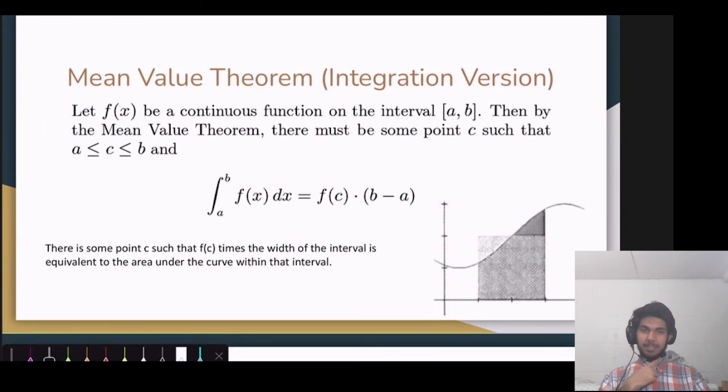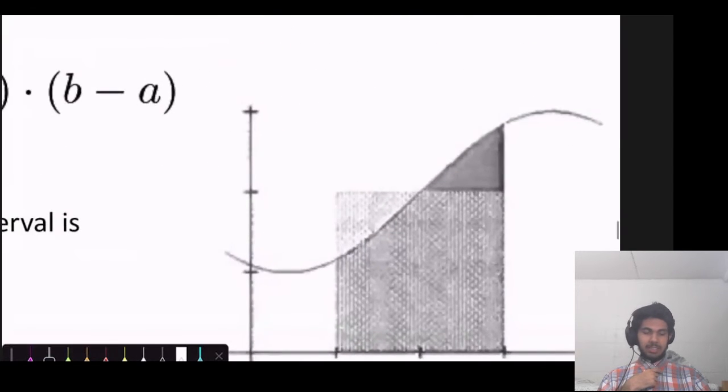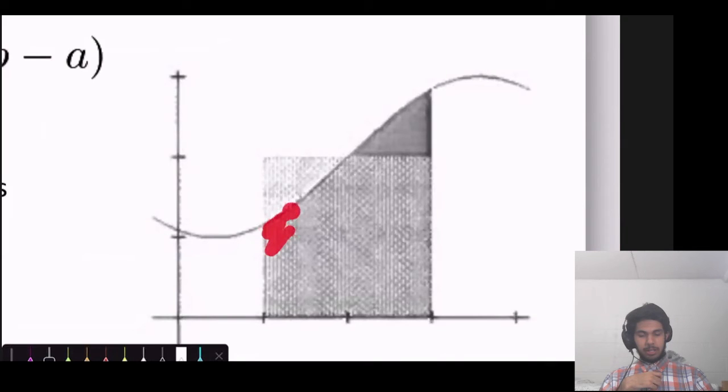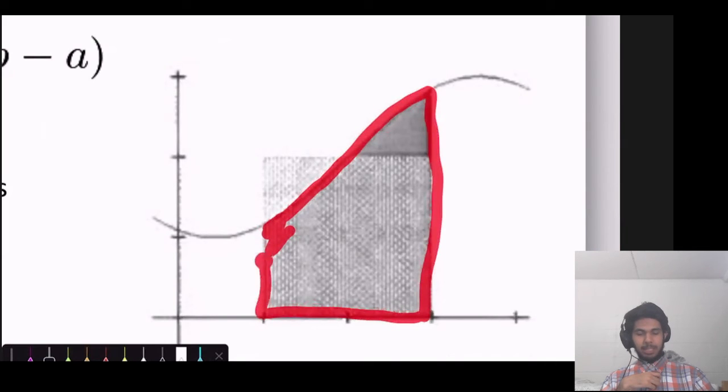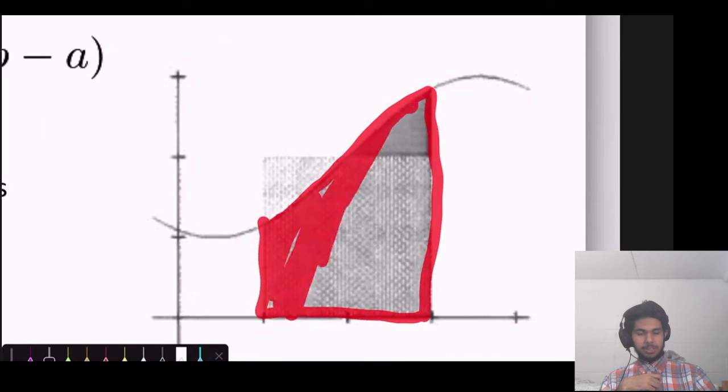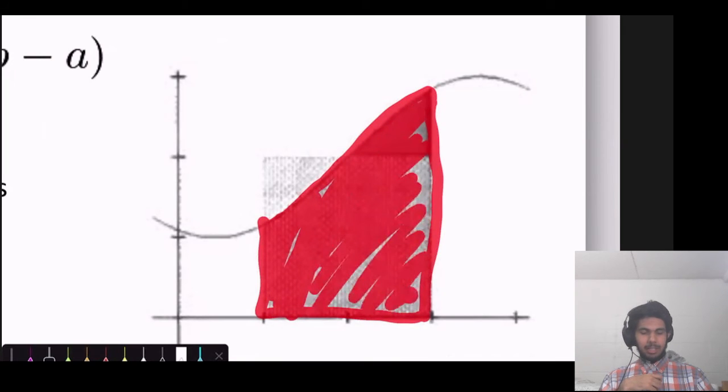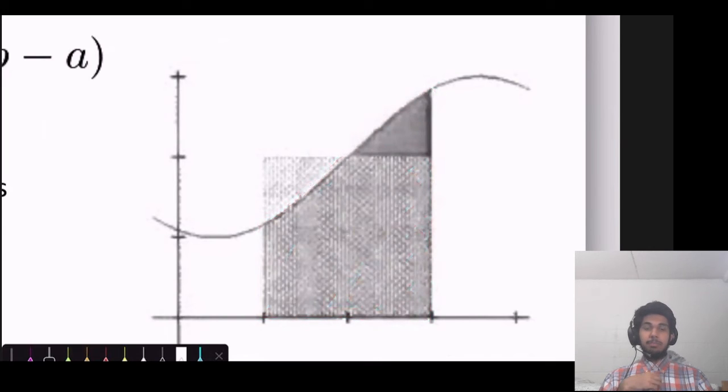Why is this so amazing? Well, let's take a look at this graph. This is the integral from a to b of this function, right? This big area here. That is the integral. The mean value theorem is saying there's some point within this interval where if we trace it upwards and get to the function value at that point, then we can create a rectangle whose width is defined by the interval and whose height is defined by the function evaluated at that point in between.